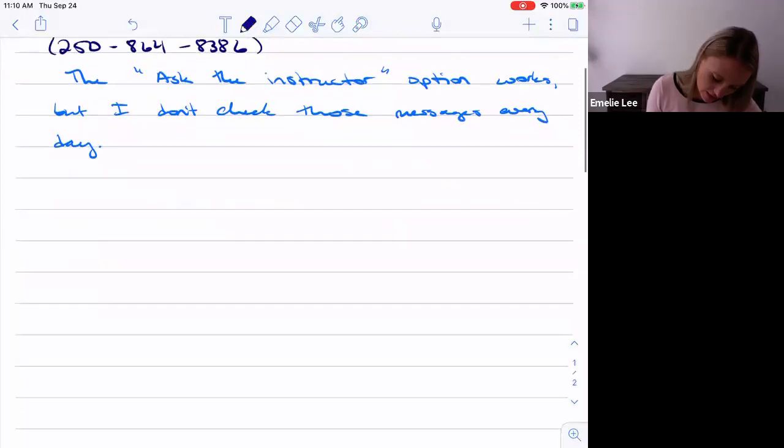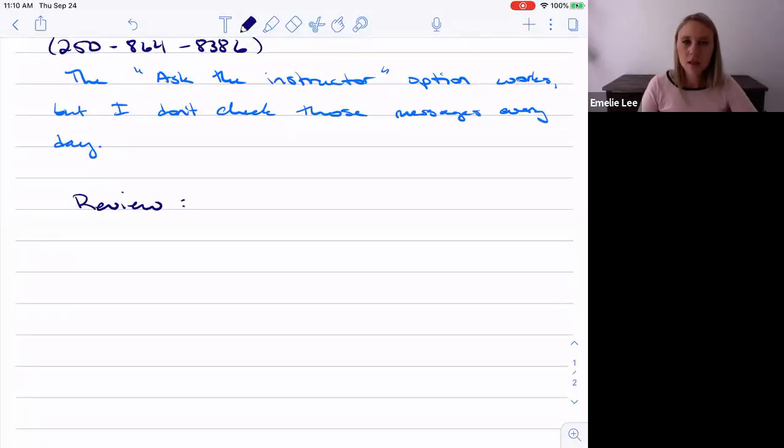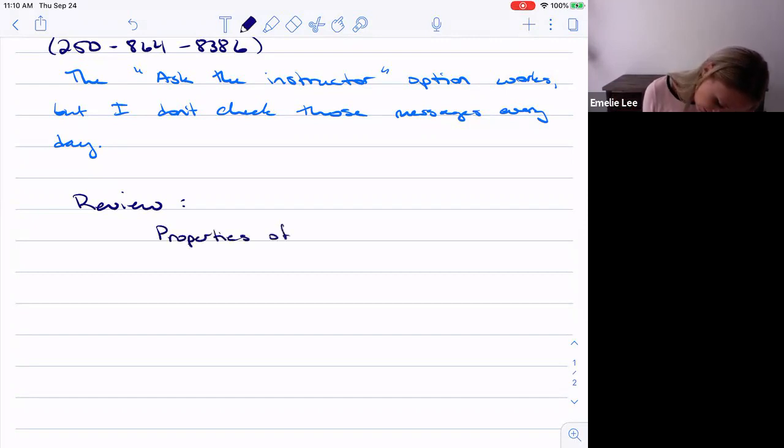Just as a summary, not really a review, but I'll call it a review just to jog our memory of what we were doing last day. We were talking about roots, right? Any root. So we were talking about the properties of the nth root.